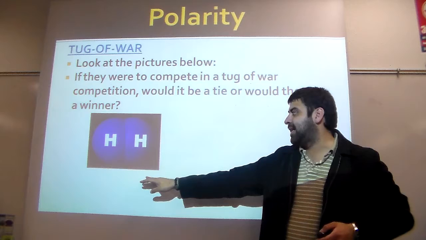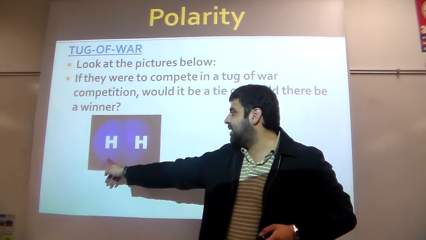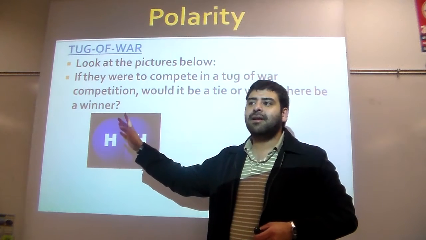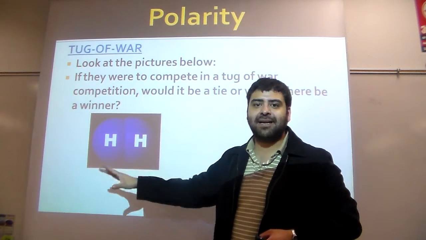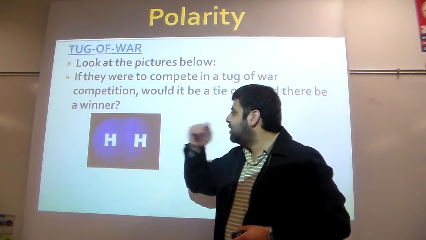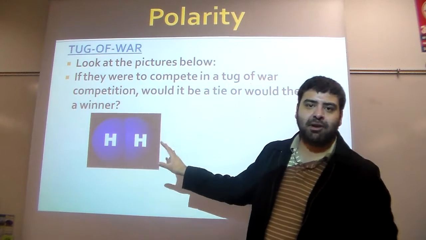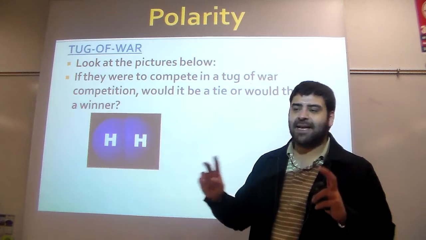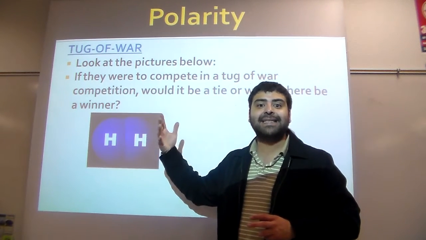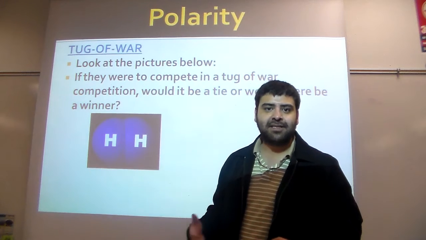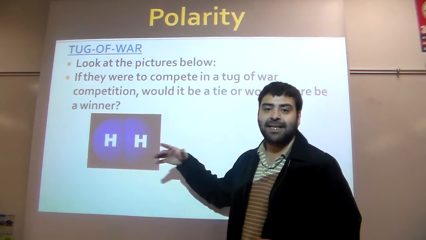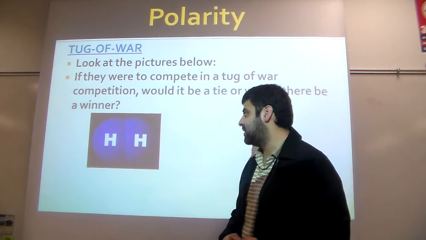Now, if we look at this, you can see hydrogen is sharing electrons with hydrogen. Think of it as 2 twins, or 2 things that are equal in strength, 2 teams that have the exact same strength. And whenever we think about the strength of these atoms, we're referring really to their electronegativity. How much do they desire electrons?